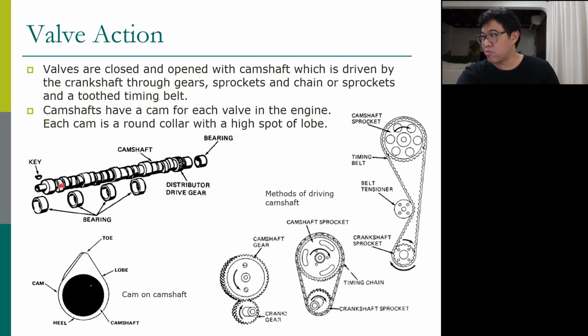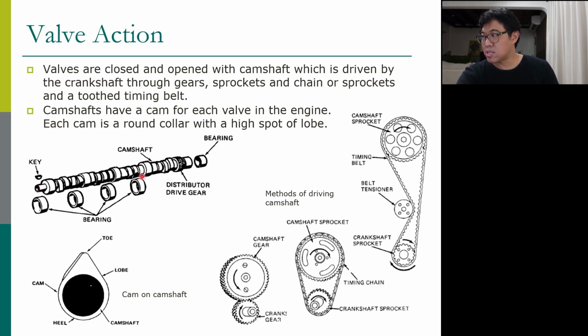Those cam lobes control the intake valve and exhaust valve. So there must be one intake cam lobe for one cylinder, and one cam lobe for the exhaust valve of the same cylinder. So there's a cam lobe for intake, a cam lobe for exhaust, intake, exhaust, intake, exhaust, like that. This is called the toe of the cam lobe. This is called the heel.